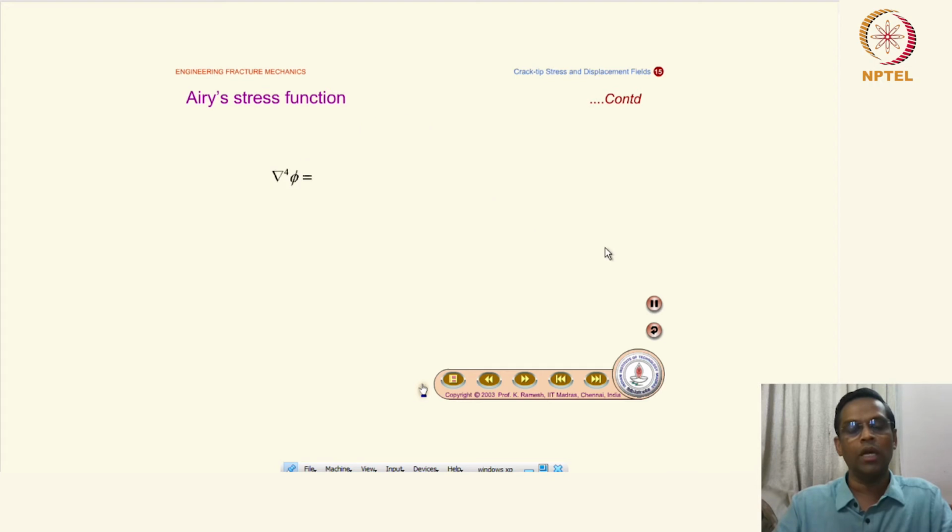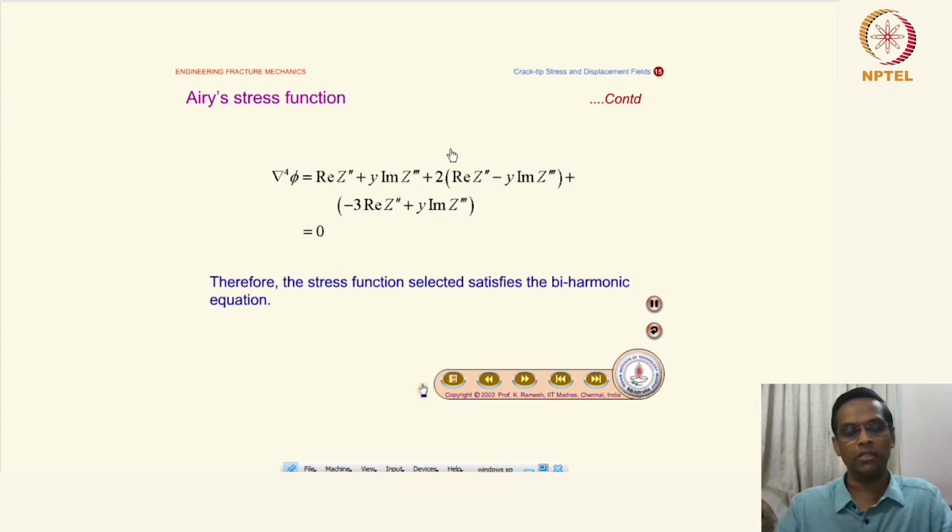So now we will take this Airy stress function and apply the biharmonic equation, and we are substituting this, and what we are finding is 0. So the Airy stress function proposed for this crack problem is valid. That is how we are validating this Airy stress function.